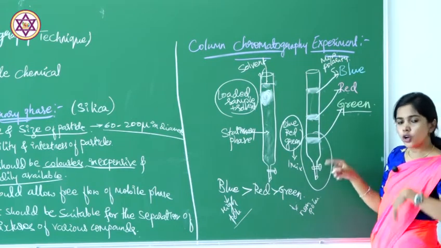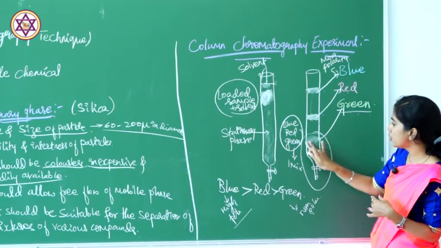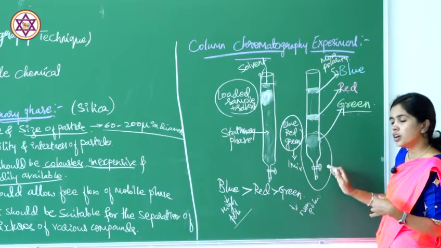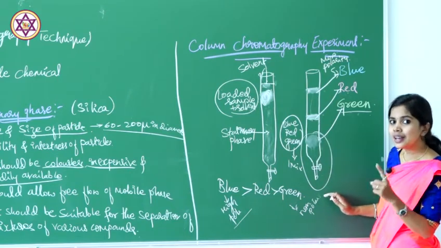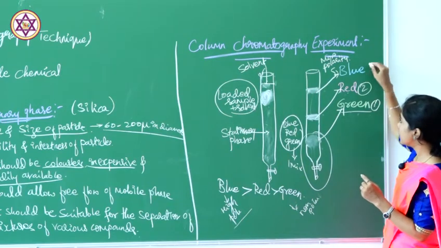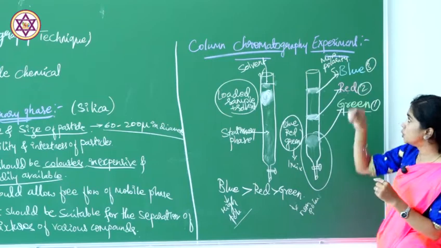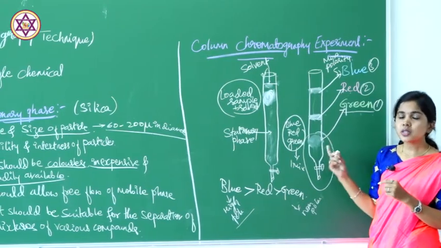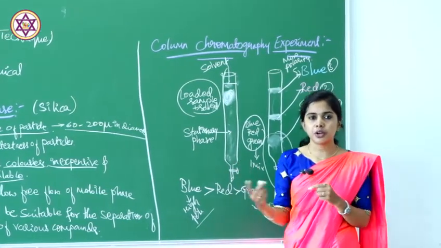But when you are eluting, what do you take out first? Green we elute first, then the red, and the third one we elute is the blue. Like this we do column chromatography. Where can we use this technique?